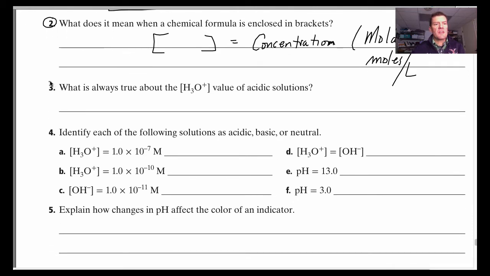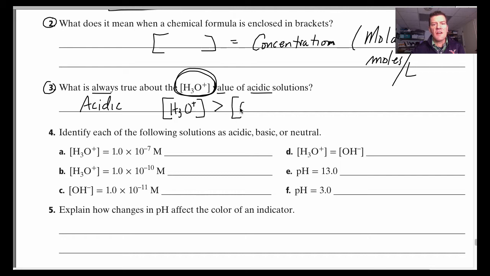All right, number 3. What is always true about the hydronium ion concentration value of acidic solutions? Well, if it's acidic, what that means is that the hydronium ion concentration has to be greater than the hydroxide ion concentration.